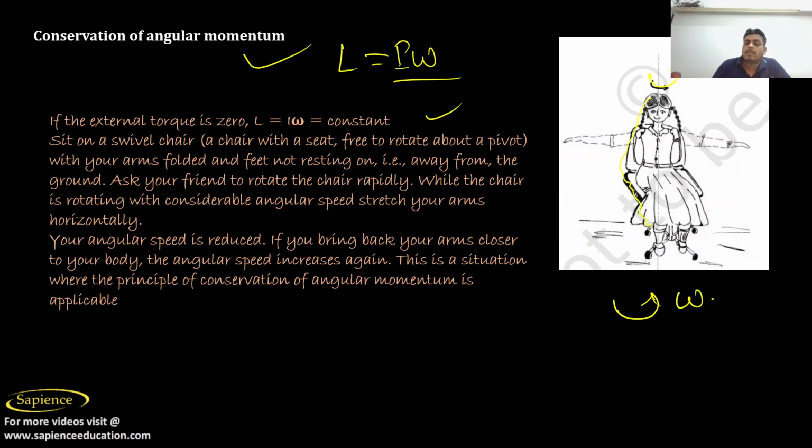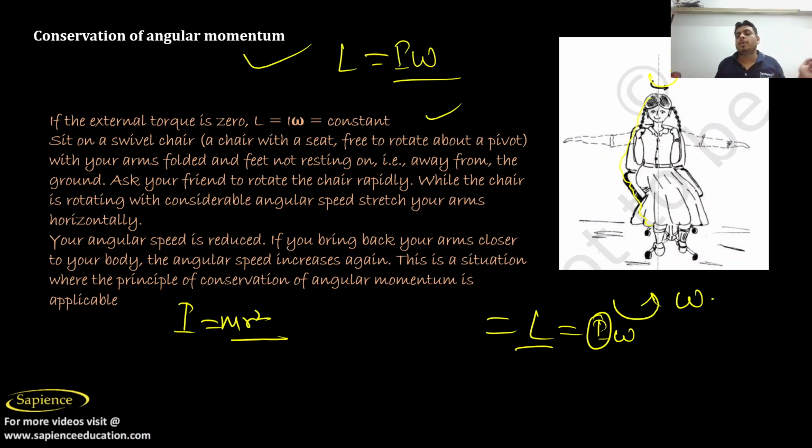Angular momentum will be conserved because I am not applying an external force on this body. Now tell me, if I changes, I is equal to mr square. So if she opens her hands, r will change, and if r changes then inertia will change. So angular velocity will also change.